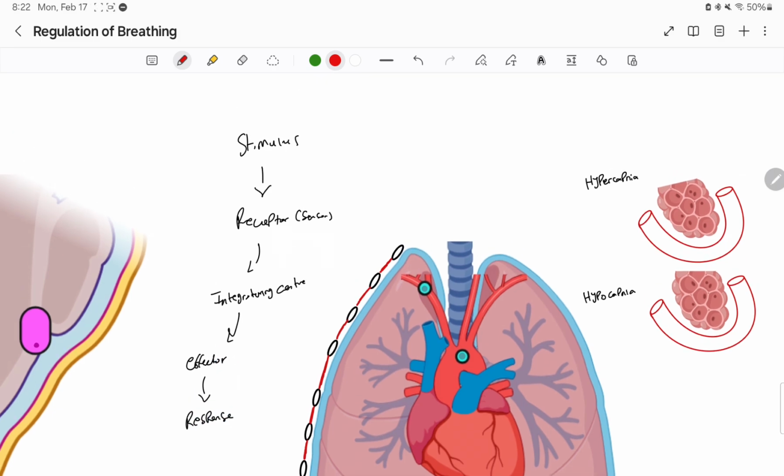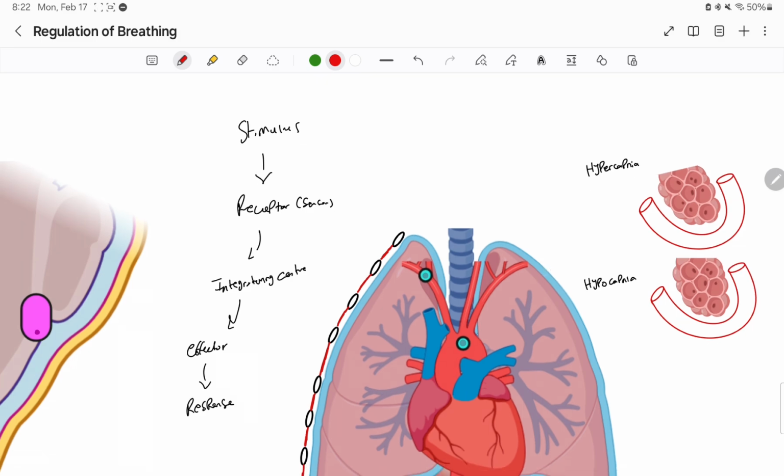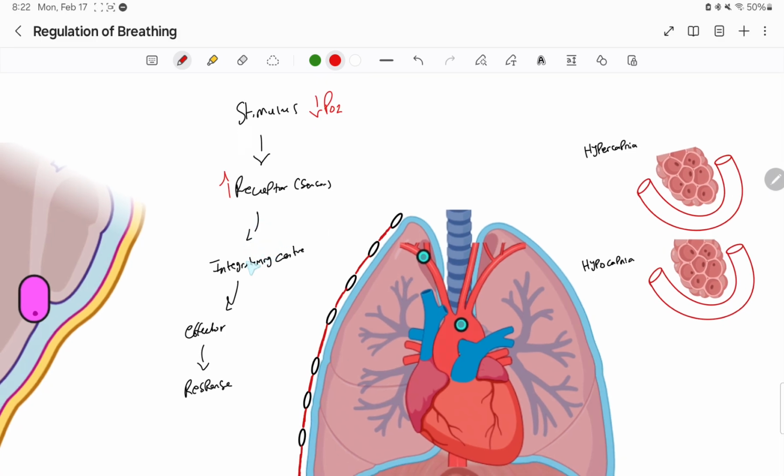So let's go through an example of this, okay? Let's say we have a low partial pressure of oxygen. Some sort of receptor will pick that up, which means it'll increase the activity of that receptor. Then it'll send it towards an integrating center.